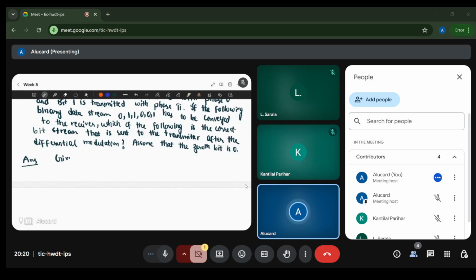So I will call the given bit stream and denote it by ik for different values of k. And then I'll call the differentially modulated bit stream bk.